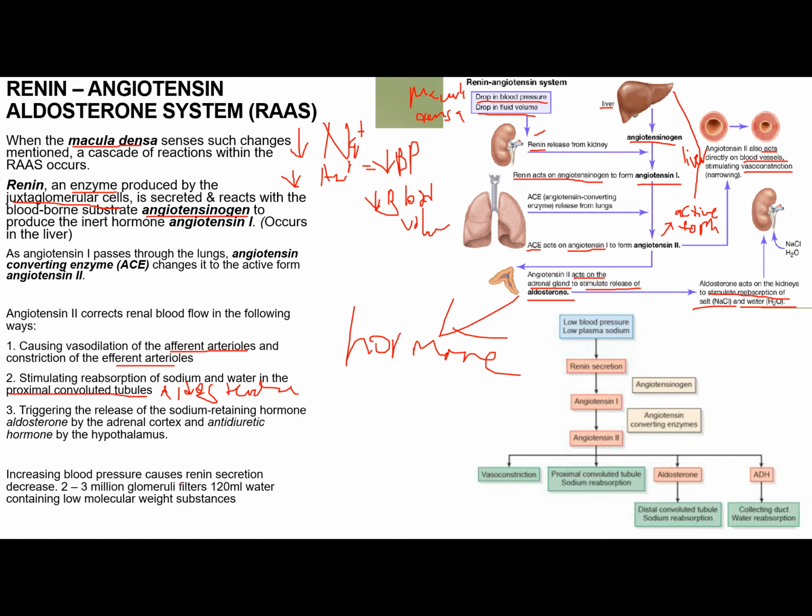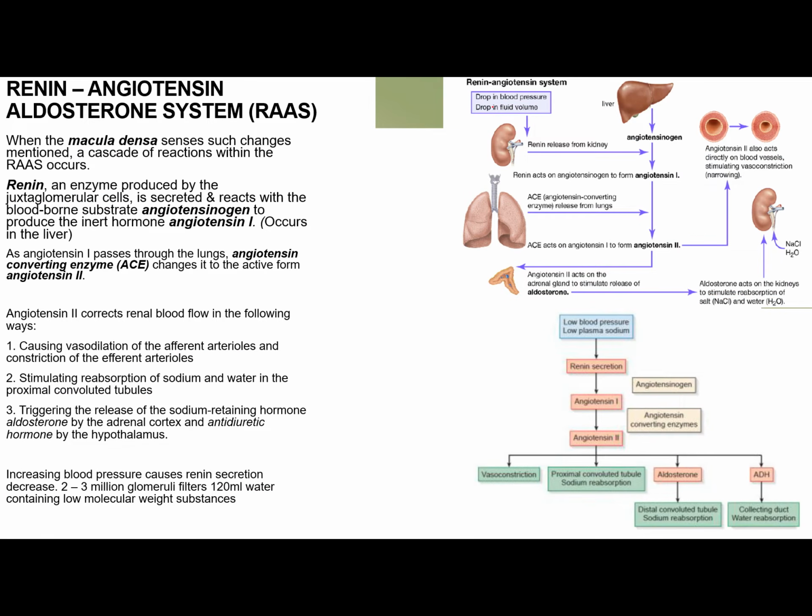Increasing blood pressure causes renin secretion, decrease 2 to 3 million glomerular filters, 120 ml water containing low molecular weight substance. So let me repeat, class, so you can understand. Whenever RAAS is activated when there is a drop in BP or drop in blood volume, renin would be released from the kidney.